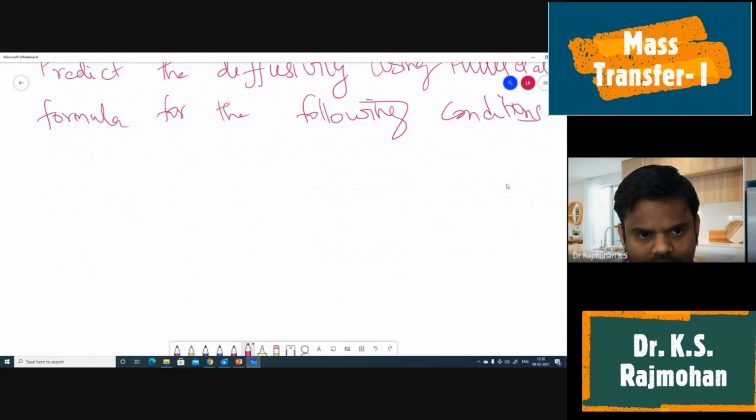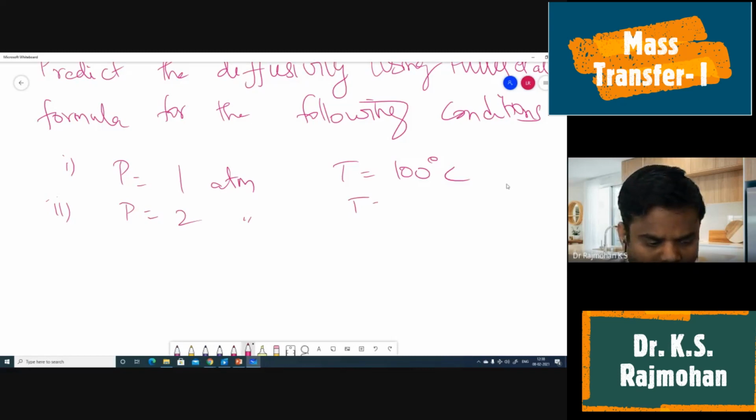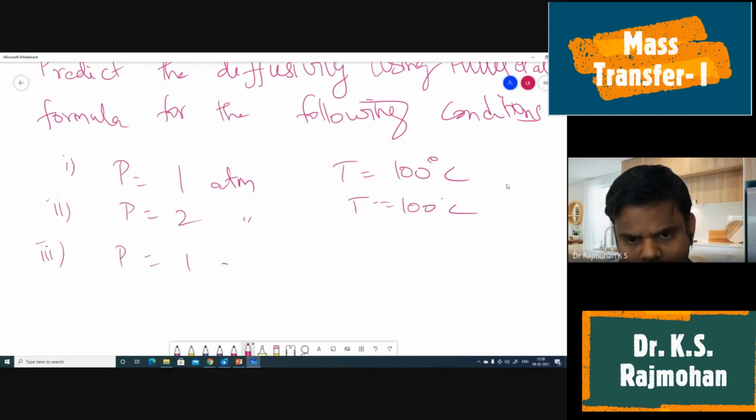First case, pressure is 1 atmosphere, temperature is 100 degrees Celsius. Second case, pressure is 2 atmosphere, temperature is the same. And third case, pressure being the same, temperature being doubled.